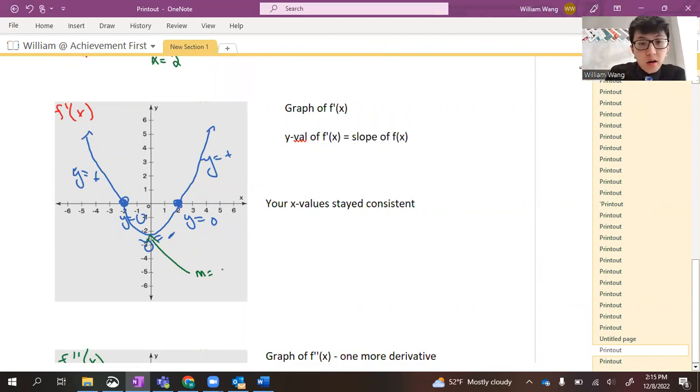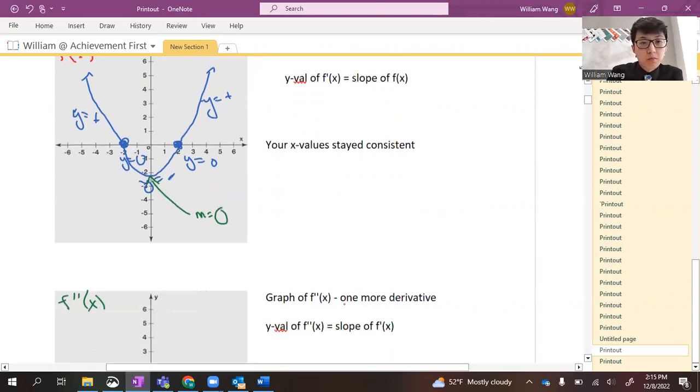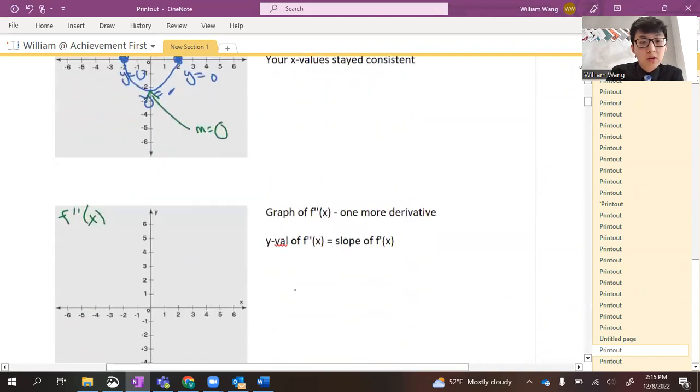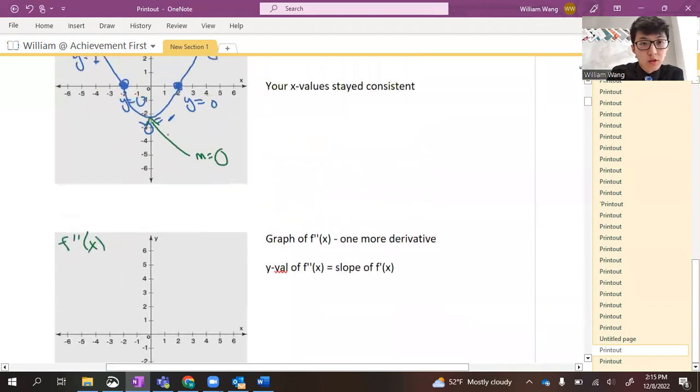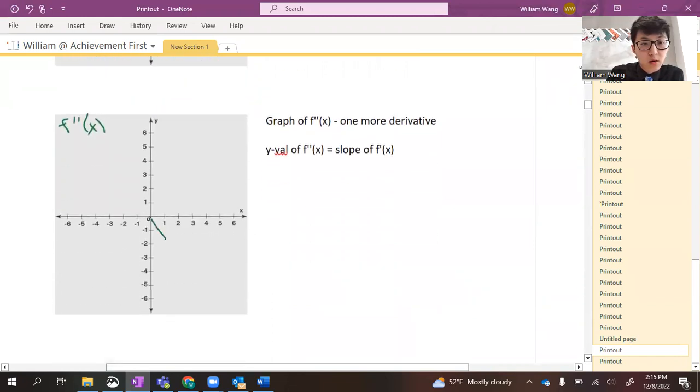All right, our slope is going to be 0. So that means on my second derivative graph, since the slope was 0, my y value is equal to 0. So it's the same exact relationship we were just drawing.